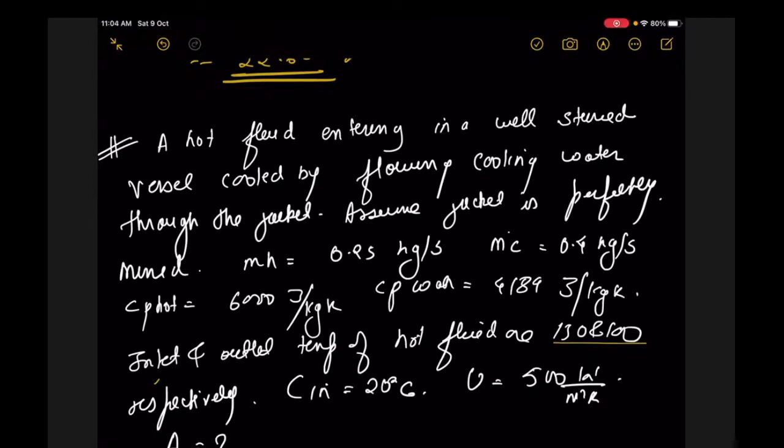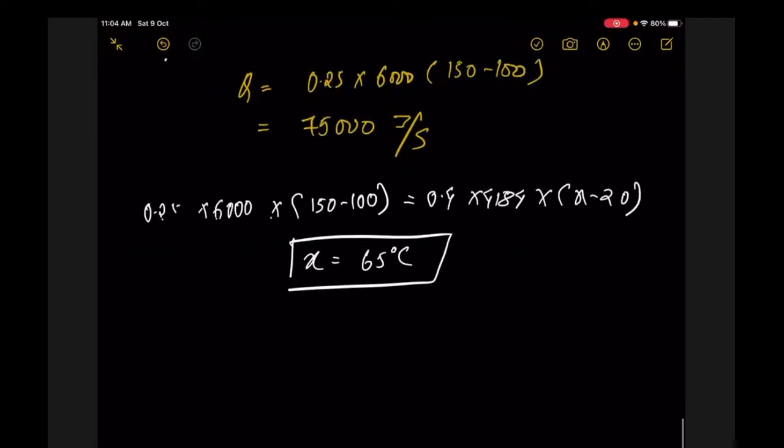So if you see this, here the outlet temperature is 65. And for hot fluid, the outlet temperature is 100. It means that if the uniform mixing is done, everywhere the temperature is 100. Like this.